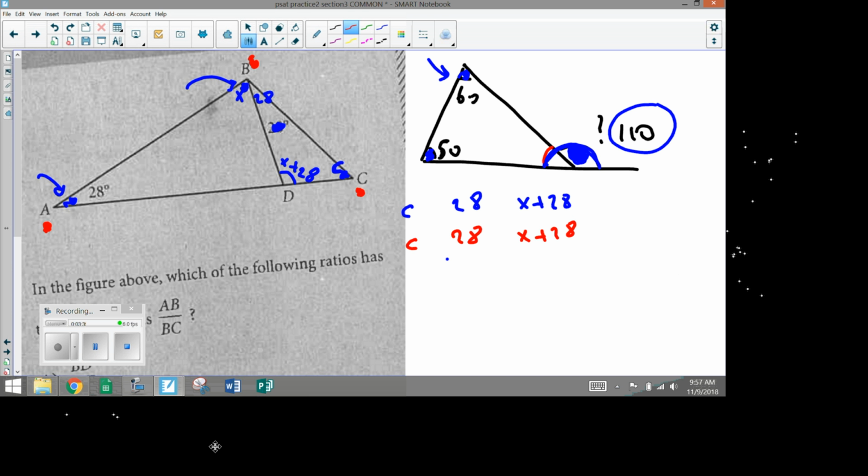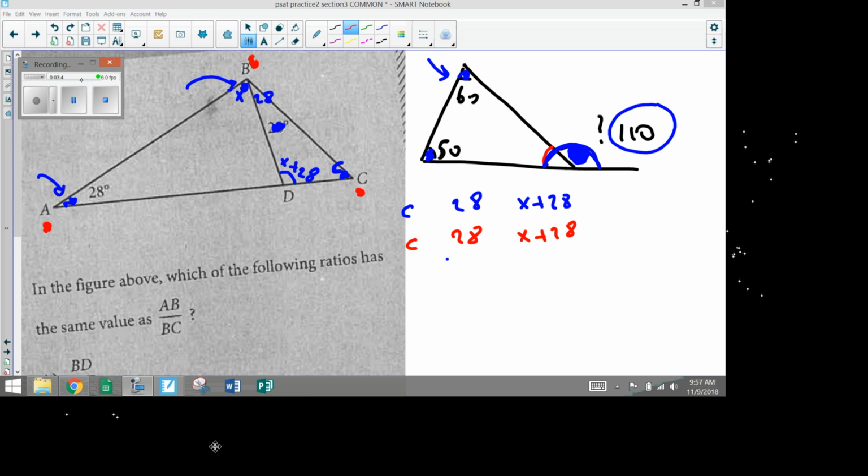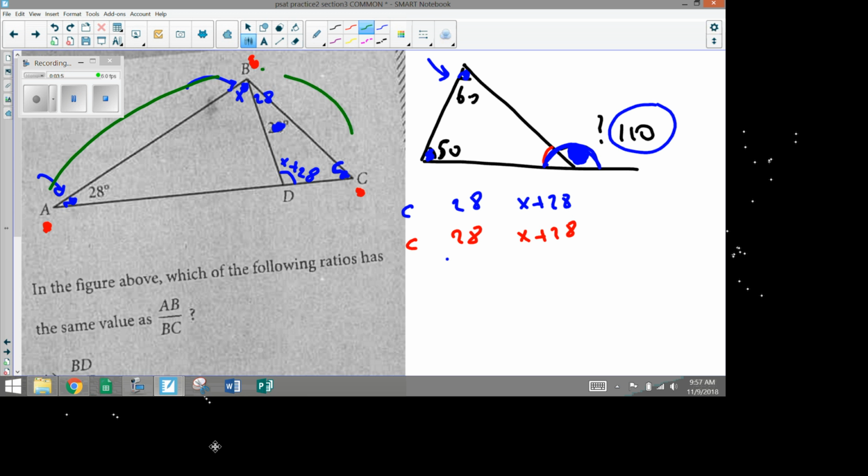Let's start solving the question now after this introduction. So AB over BC. It's saying that in the bigger triangle, AB over BC. Okay, let me write it down. Is that about the smaller triangle or bigger triangle?